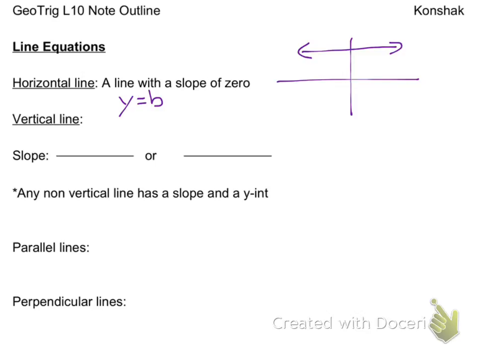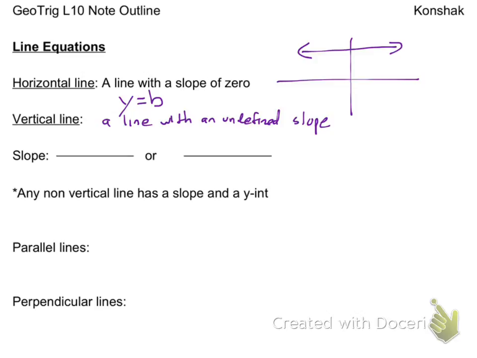The next one is a vertical line. Vertical lines is a line with an undefined slope. That's not a T, that's not stope. I'll pick that up. Slope.